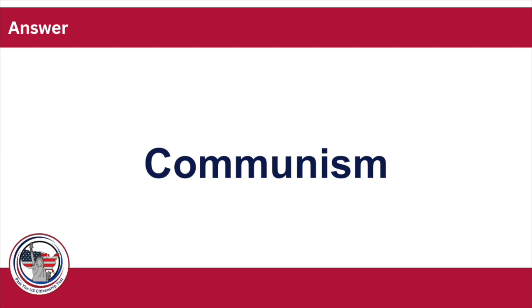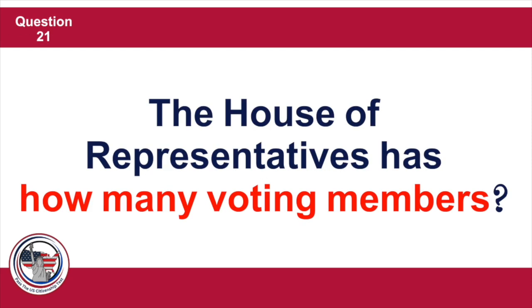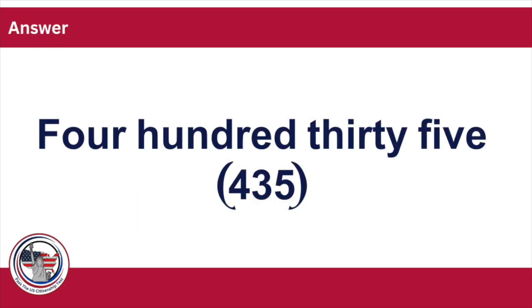Communism. The House of Representatives has how many voting members? 435.